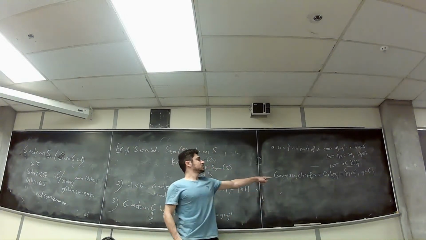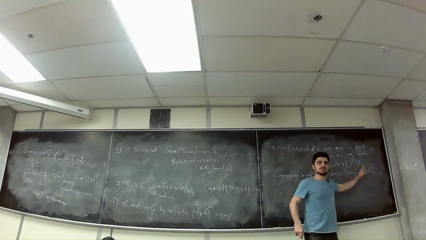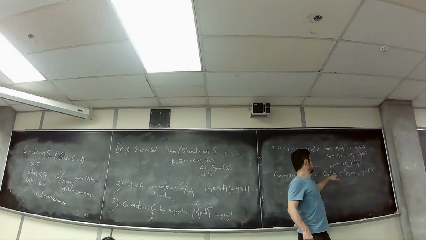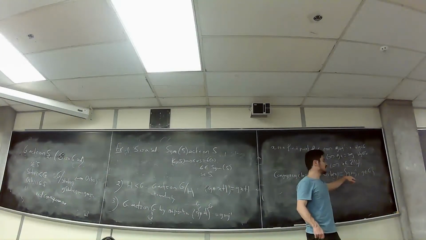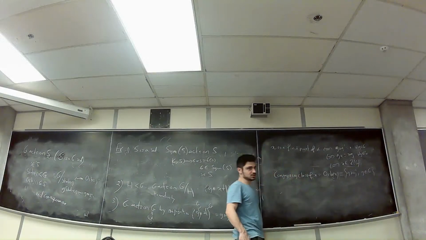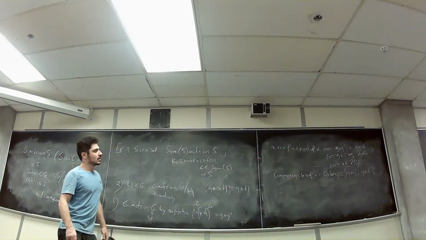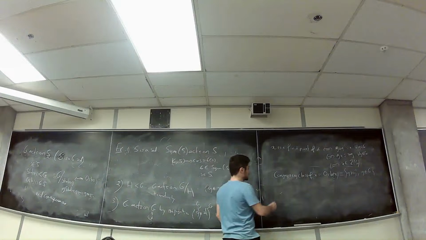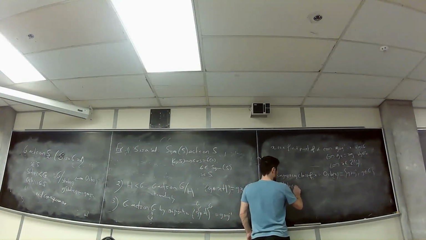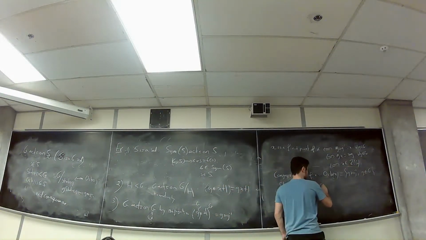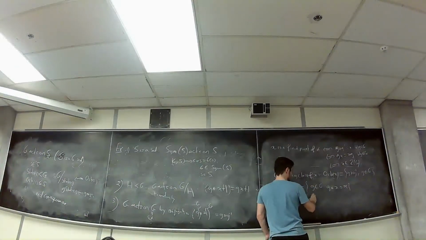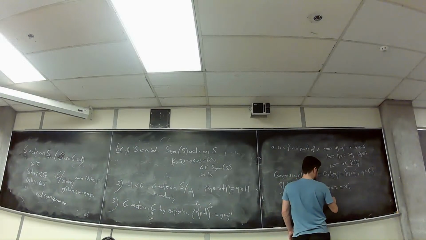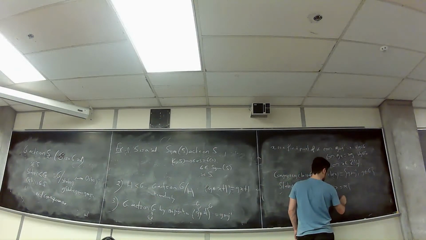What's the orbit of x? This is just gxg inverse as g is in G, right? Now, suppose this has size 1. This means that this is equal to {x}, because x belongs to the orbit. For any g in G, this means that x will commute with any g in G. Great. And what is the stabilizer of x? Stab(x) is the set of g in G such that g star x is equal to x, so gxg inverse is equal to x.